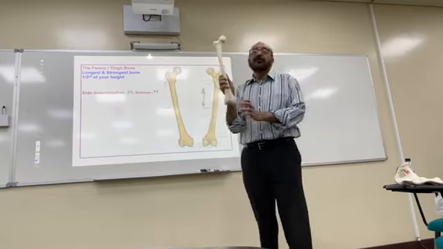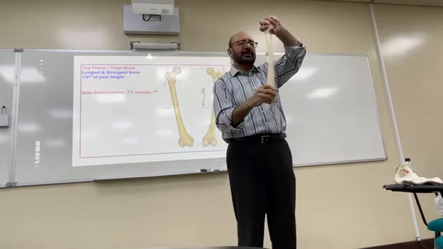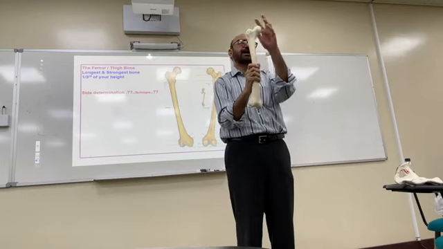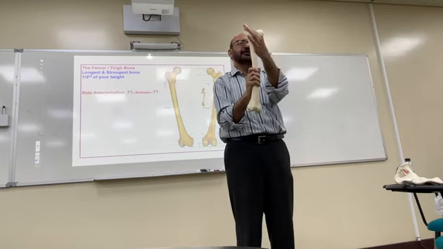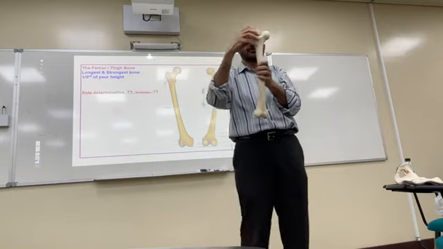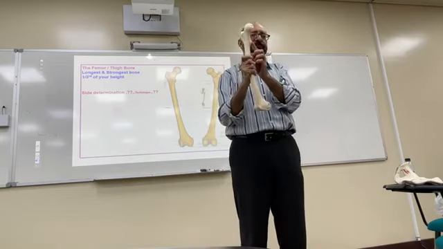Okay. Side determination. It has an upper head, a lower end, and a shaft. The upper end is again composed of a head, a neck, and a greater trochanter. Here we call it a tubercle; a bigger one is called a trochanter. So here we call it a trochanter. Greater trochanter, lesser trochanter.